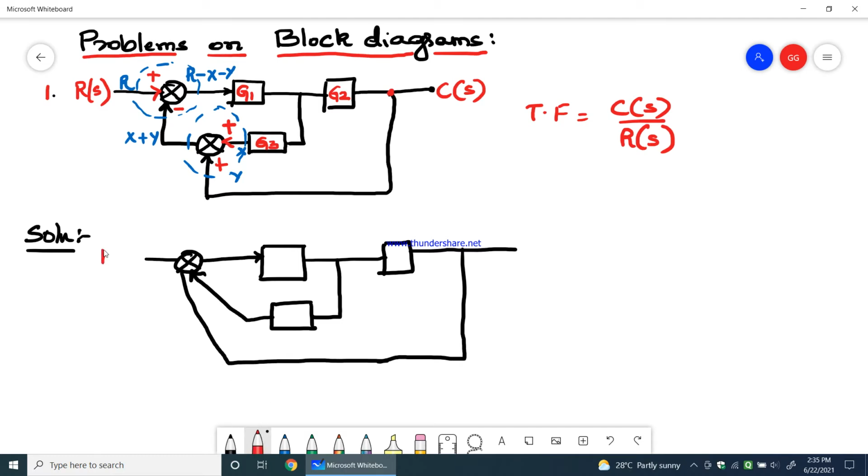Now this is R of S, this is G1, G2, G3, and then this is C of S. Earlier this was x and this was y. Now I will give minus x and minus y instead of just x and y. This is r. Now the output still remains r minus x minus y.